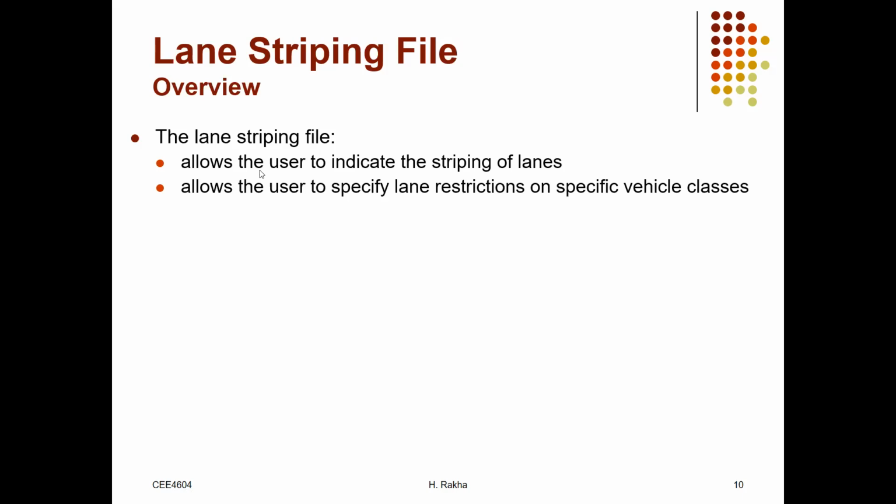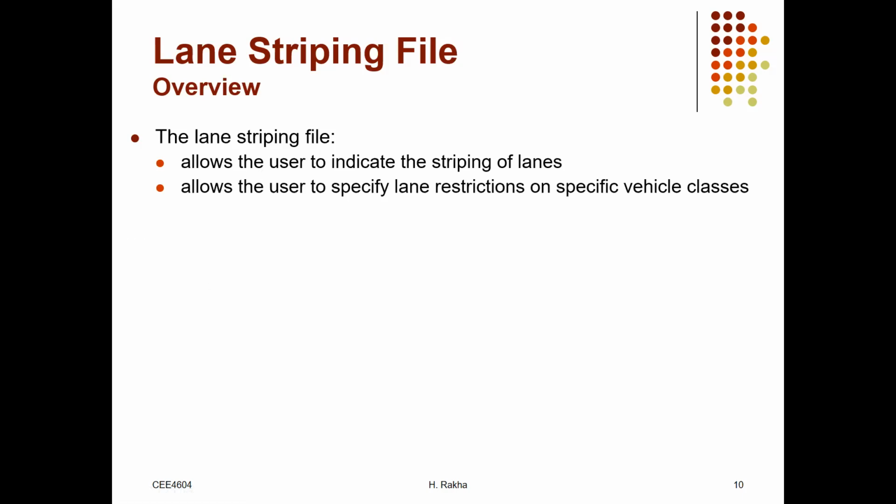And so you would have to tell integration that this lane is left turn only, and the through and right turners should move out of this lane and use the other lane, which is a shared through and right turner. And so the way you would do that is you need to code in the lane striping file.